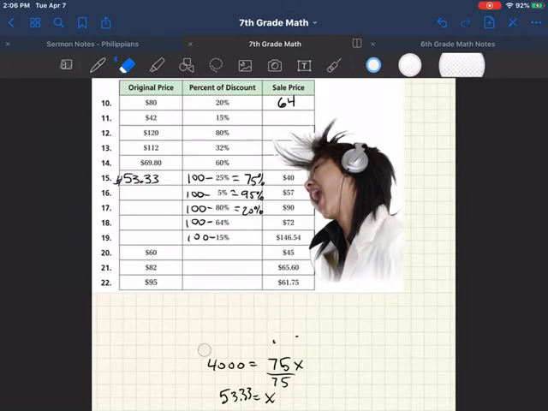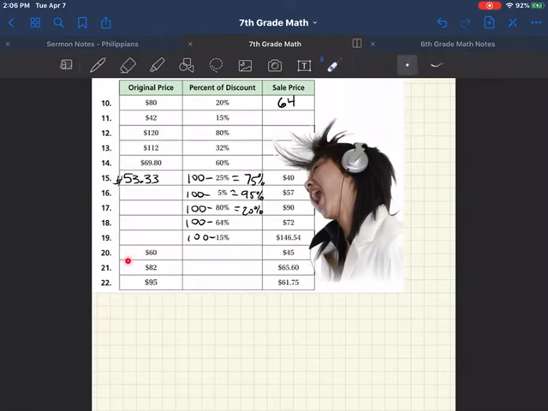Okay? All right, now these last ones, they threw in a curveball. What are we trying to figure out? We're trying to figure out the percent discount or the percent decrease, right? These are all discounts. 60 to 45 is a decrease. So we need to figure out the percent decrease.